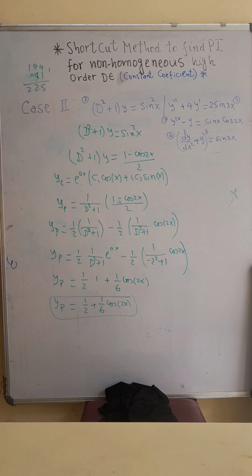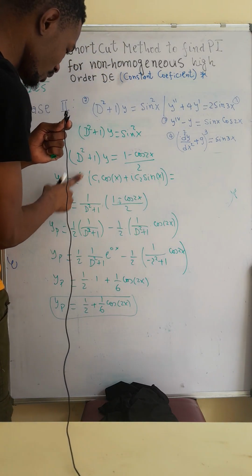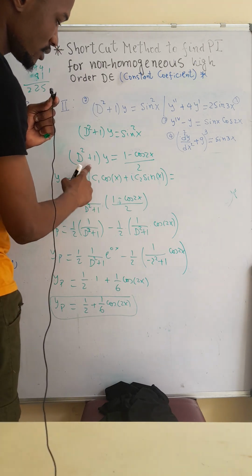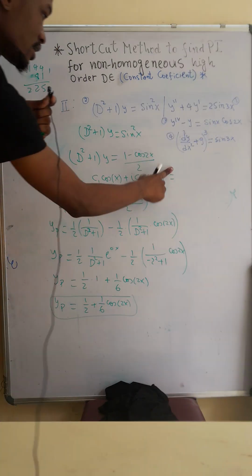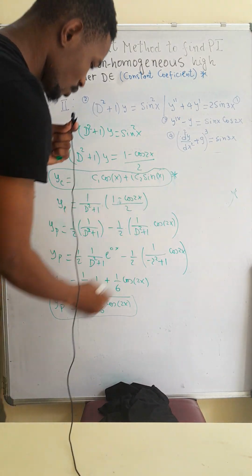Okay, done. If you want to find the general solution for this case, now you know the general solution will be this expression, C1 times this expression here, this one and this one.